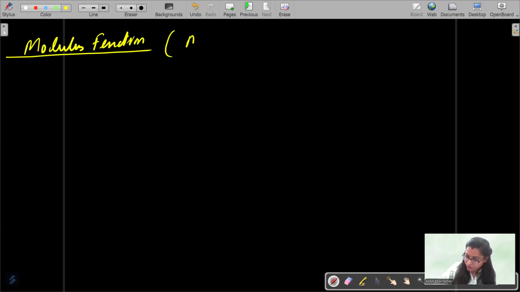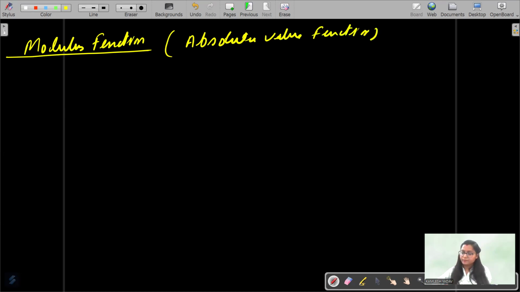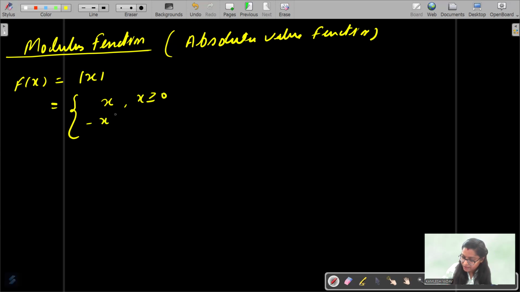It is also called the absolute value function. Okay, so the modulus function is defined as f(x) = |x|, and |x| means it has two values: x when x is greater than or equal to 0, and minus x when x is less than 0.